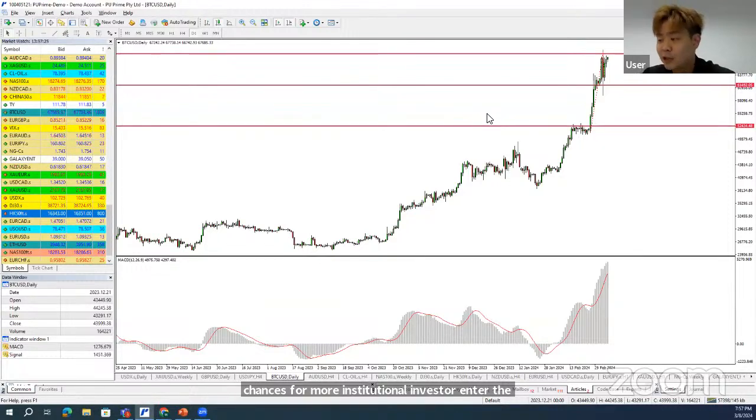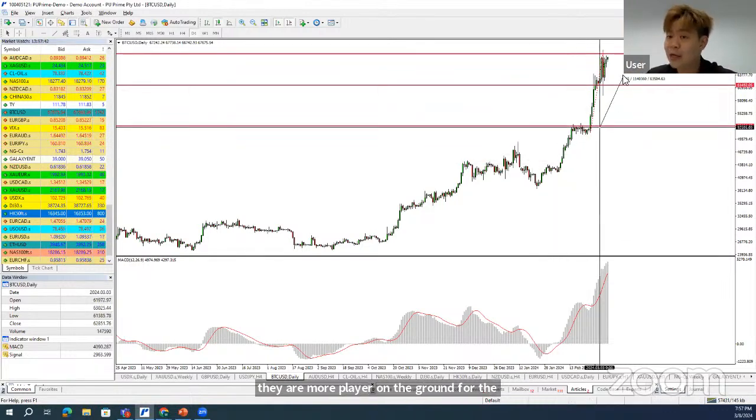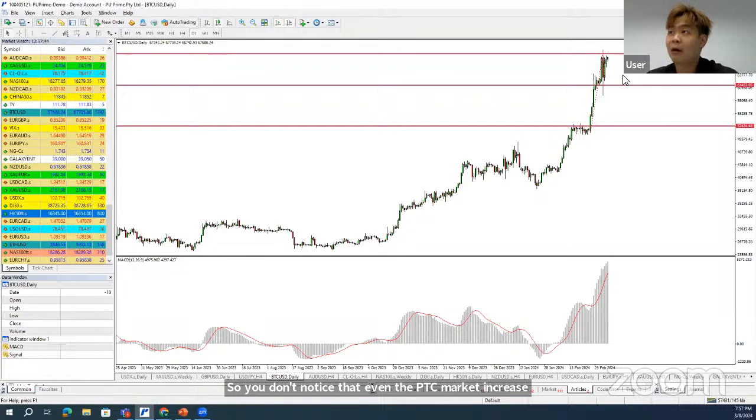But of course, it's not 100% good for the BTC market, because when more and more institutional investors are able to enter the Bitcoin market, we can expect the risk to be higher because there are more players on the ground. So even though the BTC market increased aggressively recently due to a lot of institutional investors, new traders and experienced traders need to maintain their risk management well, because as I mentioned, when more players enter the market, the risk should be a lot higher.